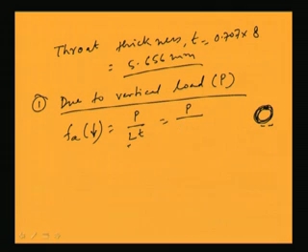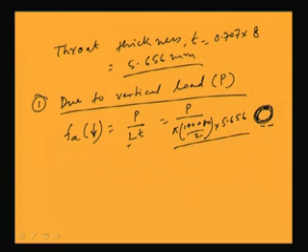L is nothing but pi d, so pi into d, which is the average of 100 and 80, that is (100 plus 80) by 2, into T, 5.656. So, the stress due to vertical load can be calculated from this equation, which becomes P by 1599.2 Newton per millimeter square.